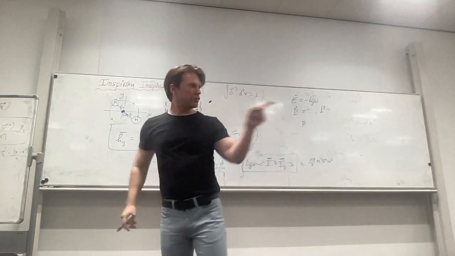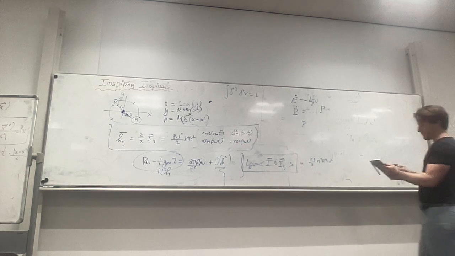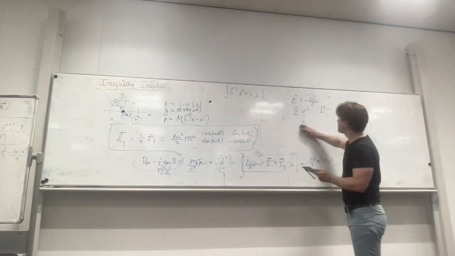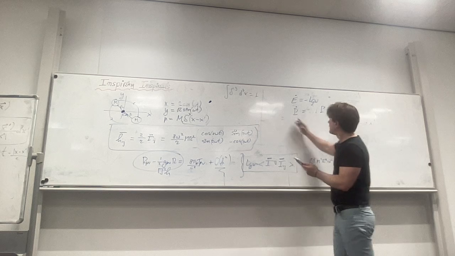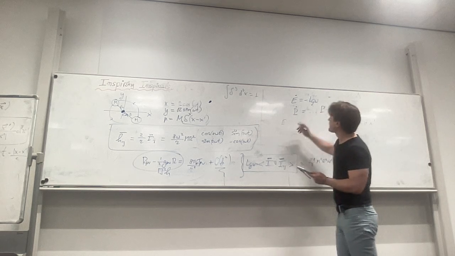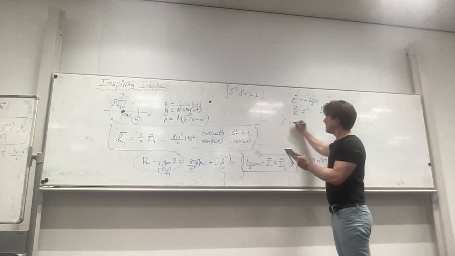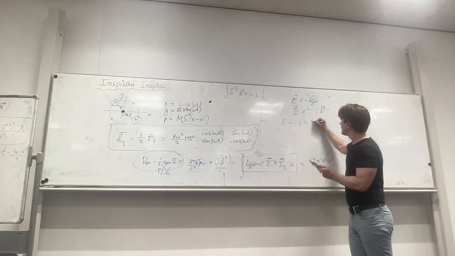For completeness, I will write out the formula itself. First of all, it takes too long, so I'm just going to make it slightly easier. The energy of the Newtonian system, and this is just Newtonian mechanics, is ultimately given by this.